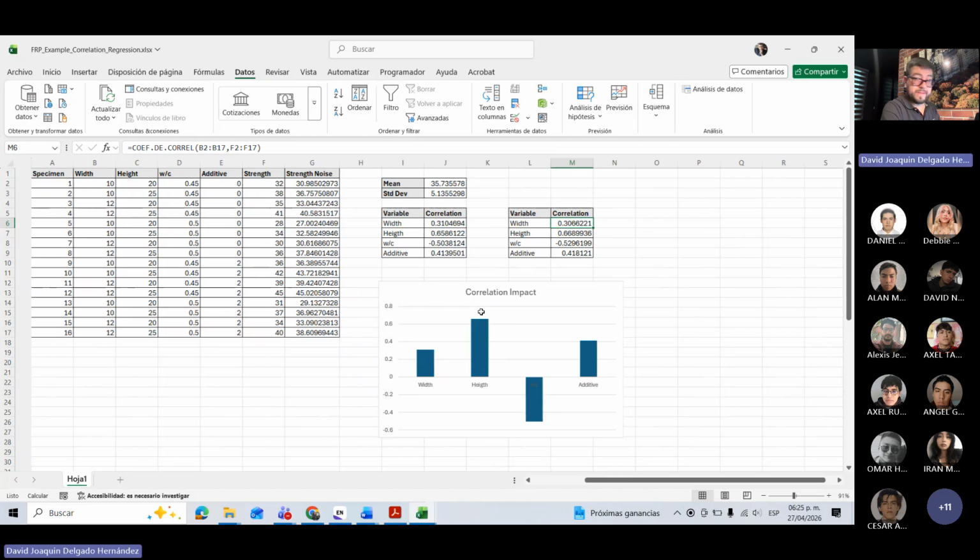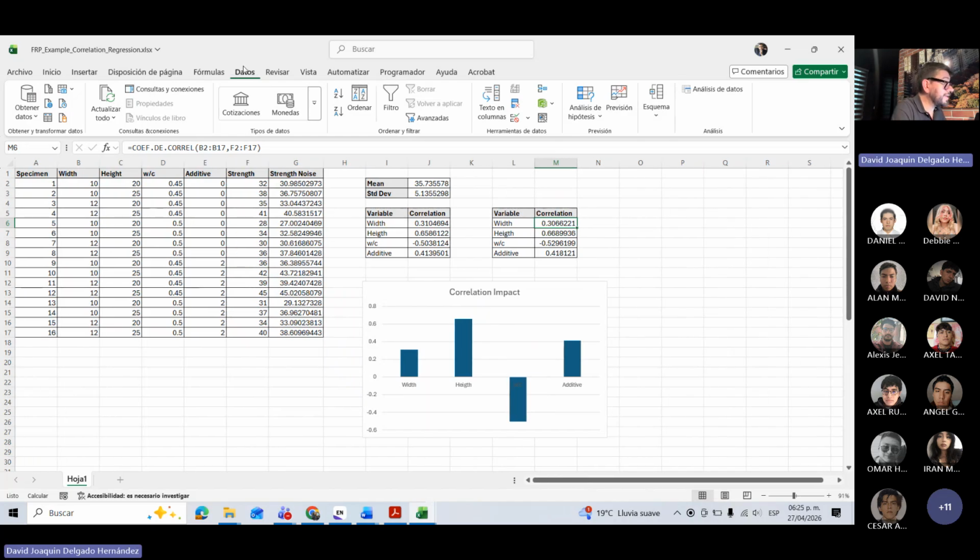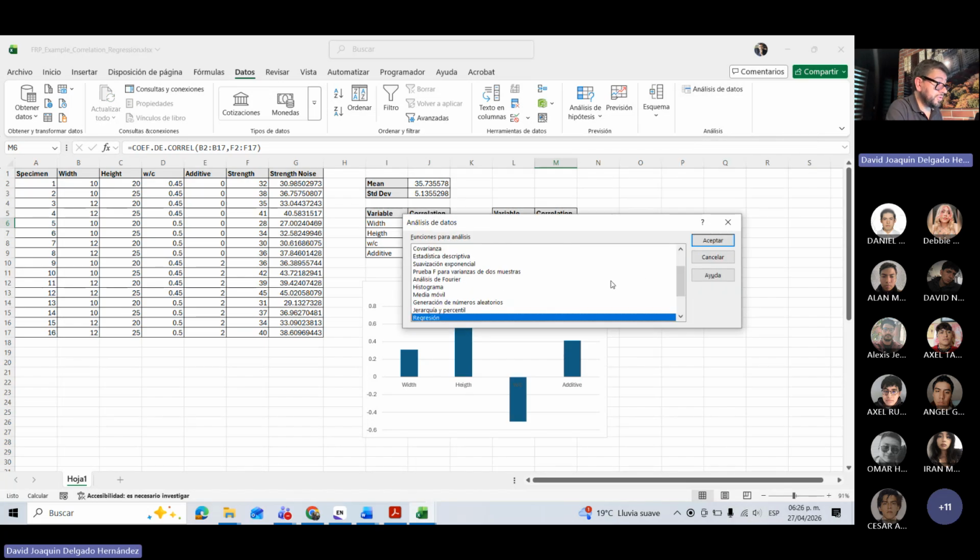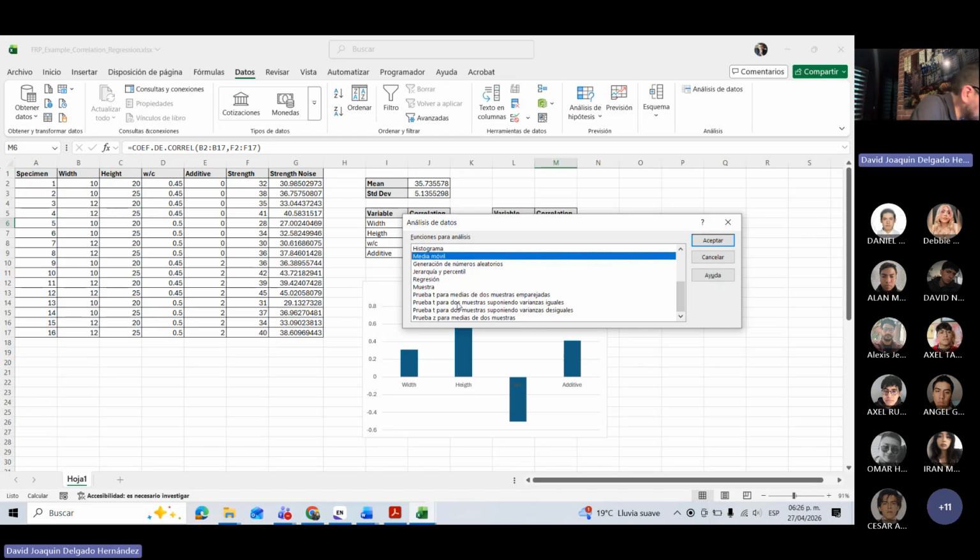Okay. Now you go to the data, and you use analysis de datos, data analysis here. At the very top, you use this option, analysis de datos. And then you are going to look for regression, okay? So you can see here different options, but you use regression, okay?